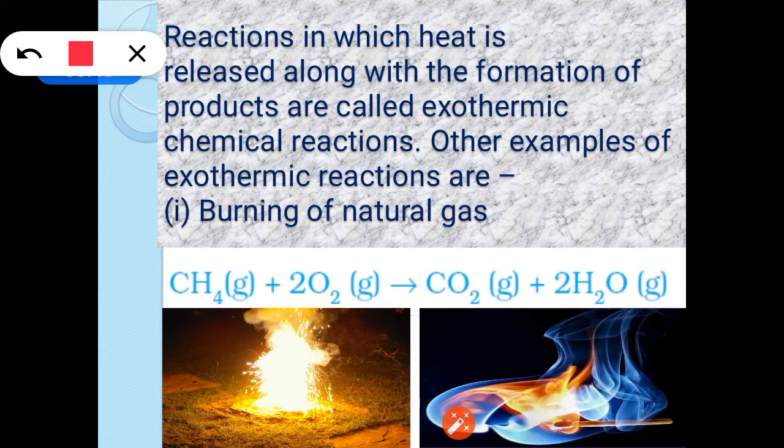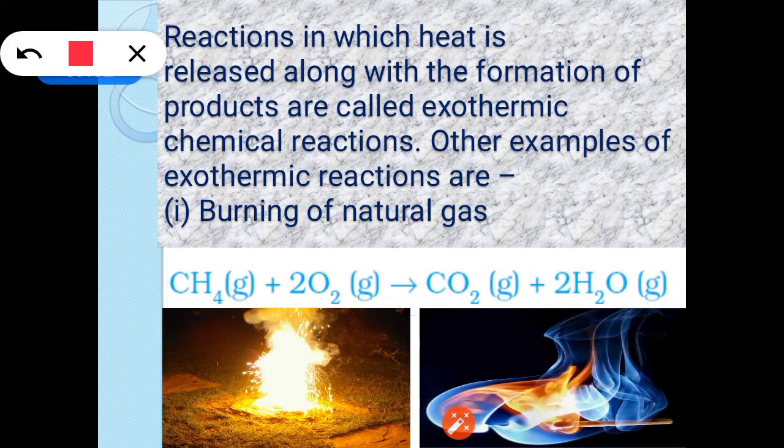Now see here, in this reaction the heat energy has been released. For example, in your home, when you burn the stove or your gas chula, the heat energy is used for cooking food.